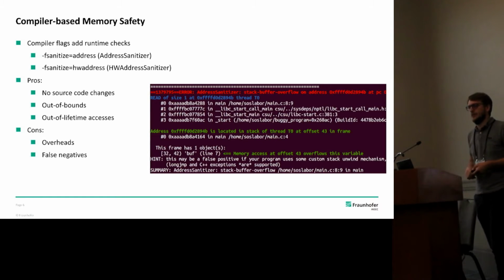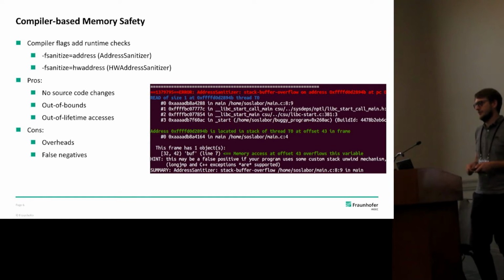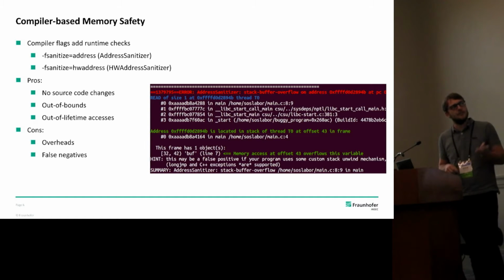So how is compiler-based memory safety developed in practice? From a user perspective, the only thing you need to do is add a compiler flag, and then runtime checks are instrumented. For example, with Clang and GCC, you can use the fsanitize equals address or hwaddress, and you will get the corresponding sanitizer.